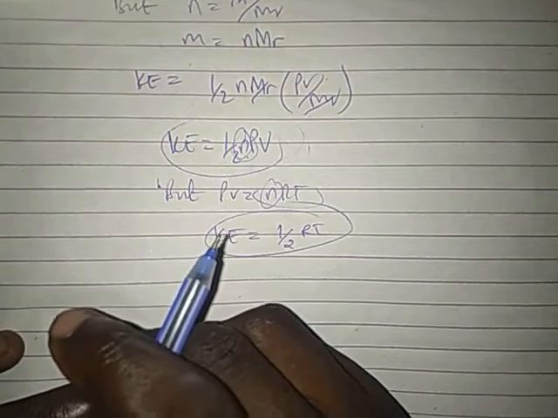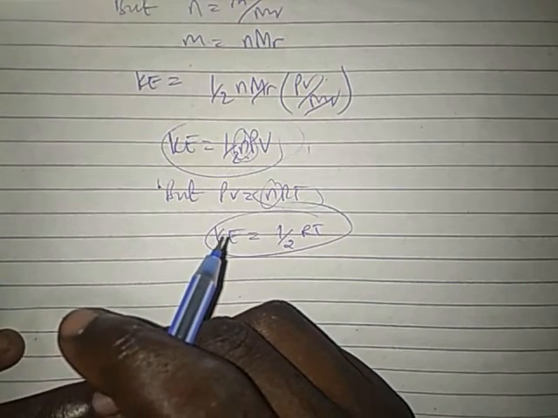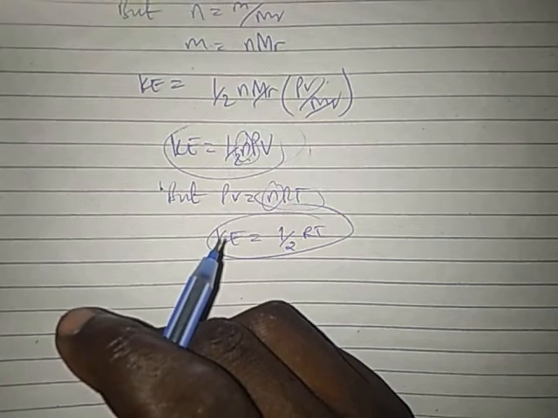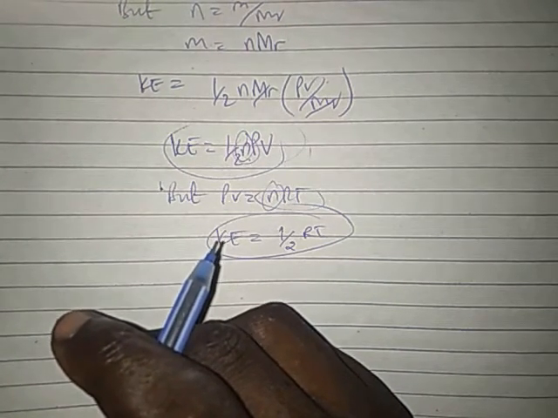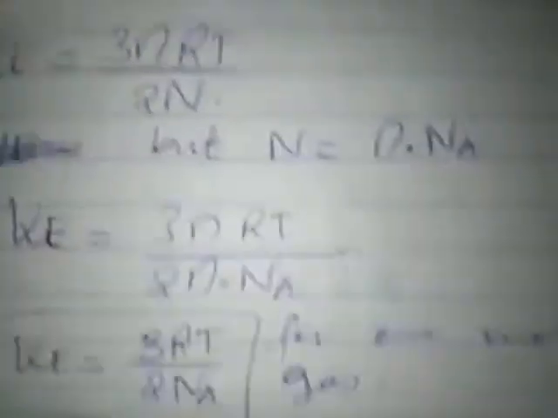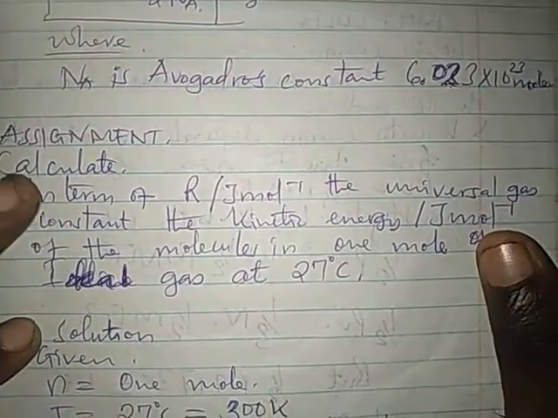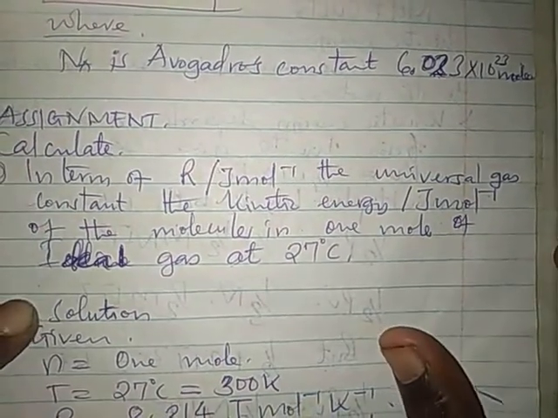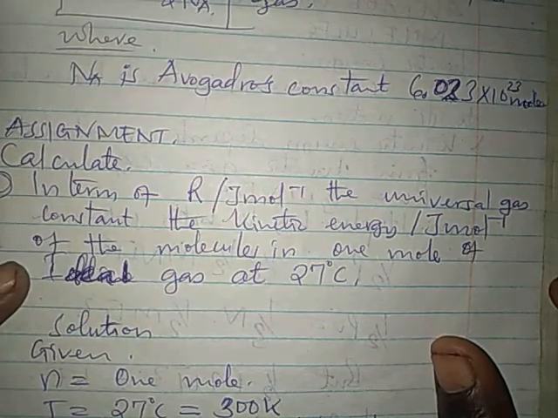Zile nyingine tulikuwa tumecalculate ilikuwa ni for 1 molecule of the gas. Kwa hiyo hivyo ndivyo ambavyo kinetic energy inatafutwa. Lakini pia tumalize na baadhi ya examples hapa. Kwa mfano kuna swali linasema in terms of R divided by joule per mole, the universal gas constant, the kinetic energy of the molecule in 1 mole of the ideal gas at 27.